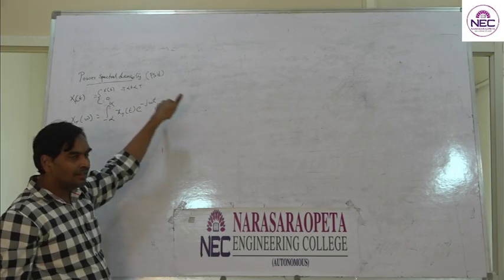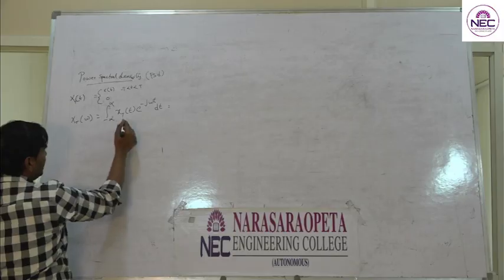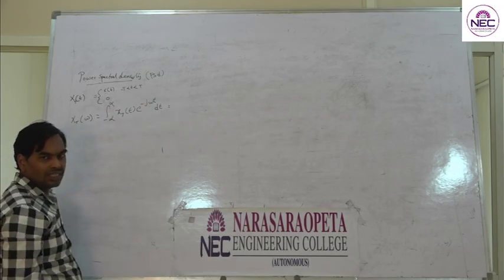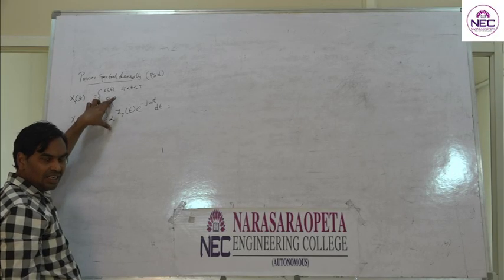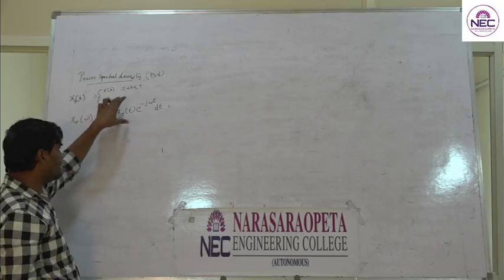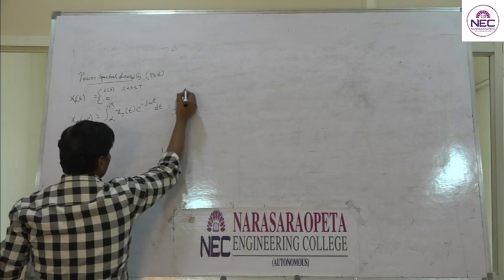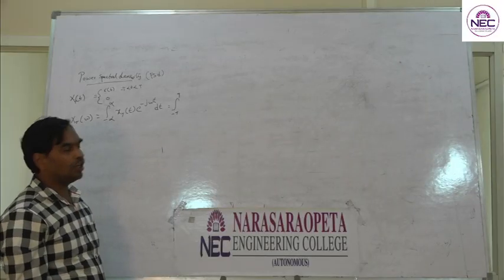Because the signal x_T of t is defined only in the range minus T to T and is 0 elsewhere, instead of the limits minus infinity to infinity we can use minus T to T, since beyond minus T and above plus T the value is 0.